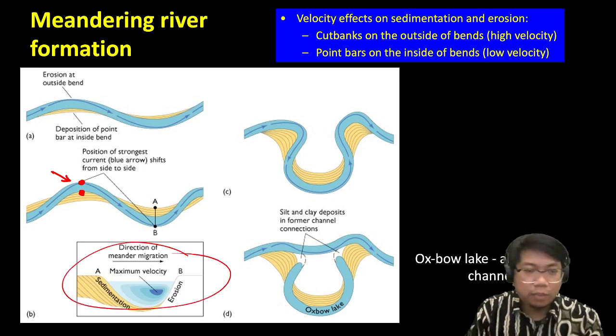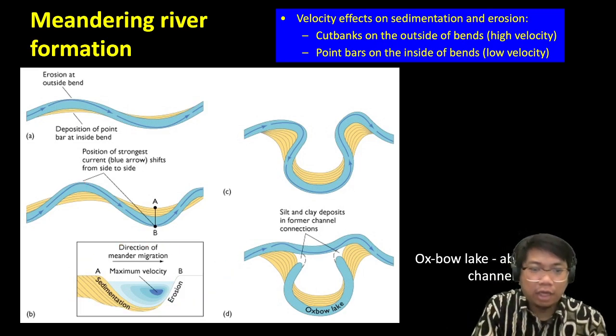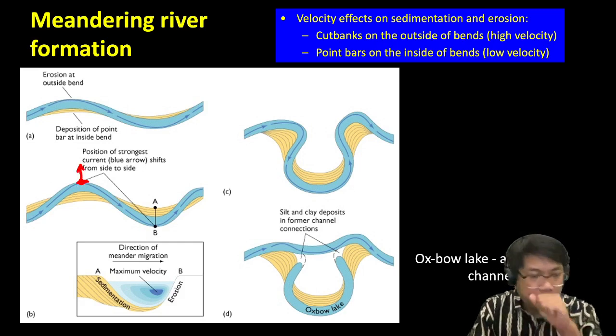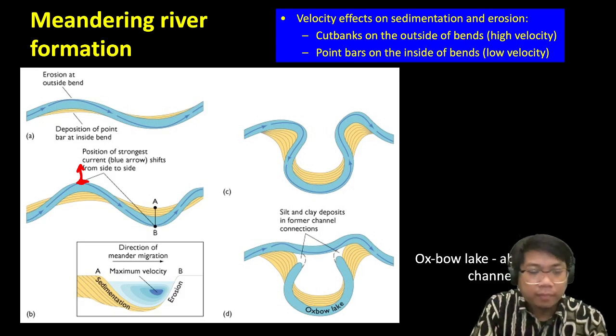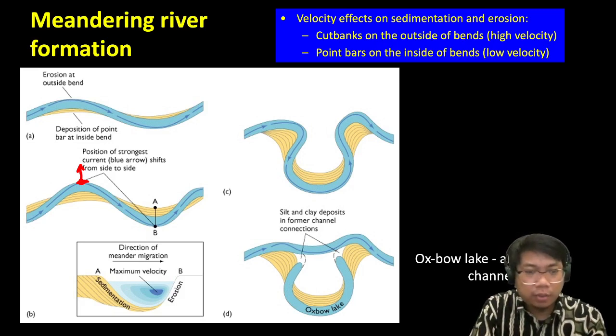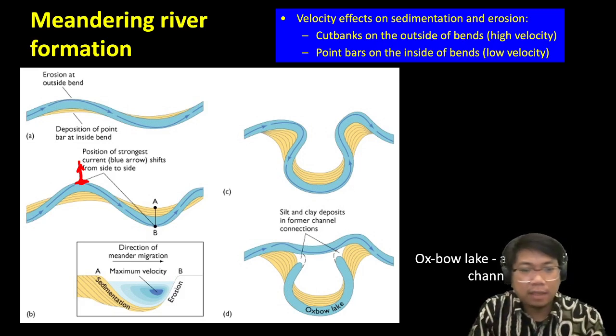Okay, so because we have a cut bank right here, and the maximum velocity is in the outer side of the curve, therefore we have the maximum erosion in this area right here. So the curve will start to form and go towards the outer side of that curve.